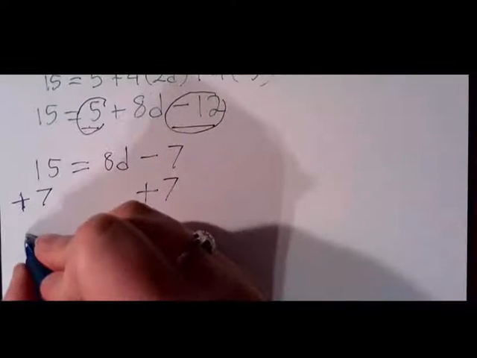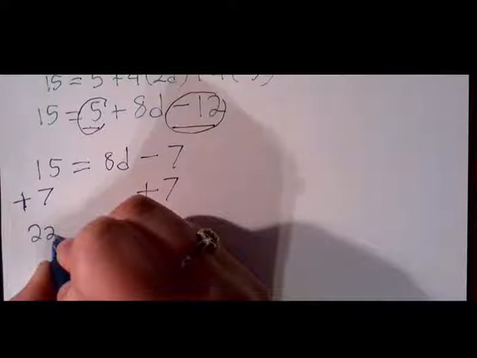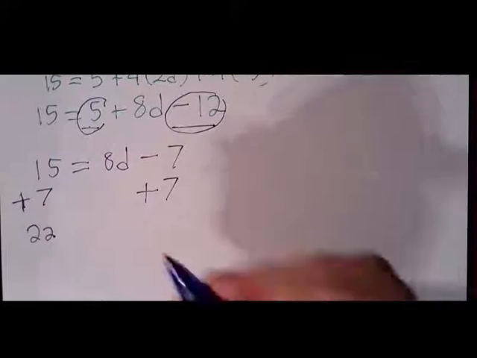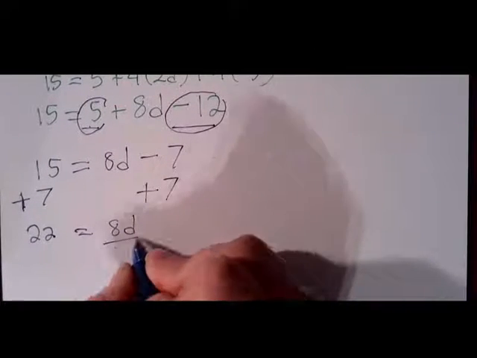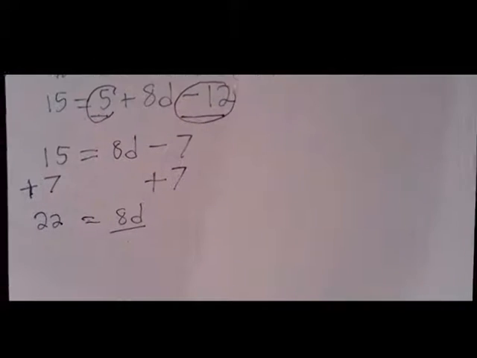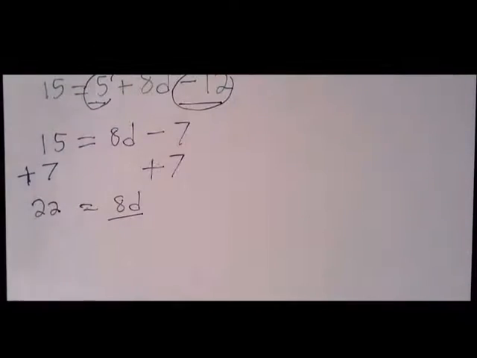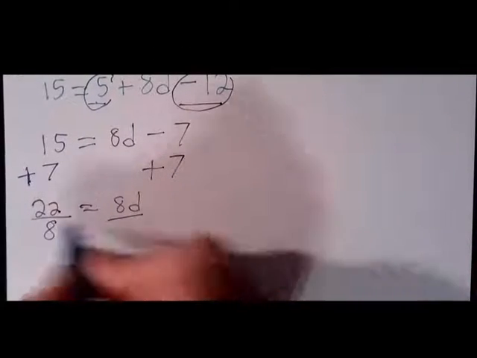So 15 plus 7 is 22, which is equal to 8d. Now that I've got this, I can divide both sides by 8.